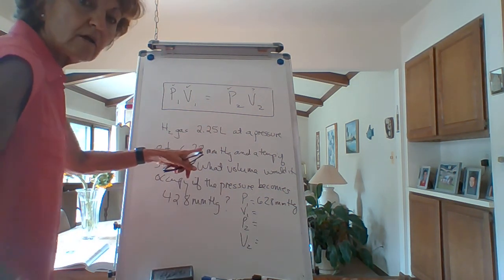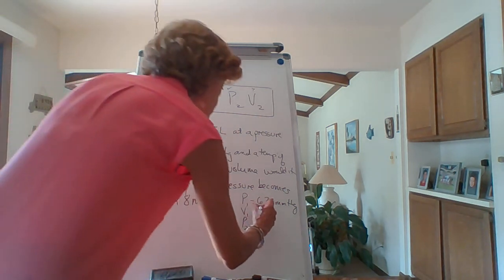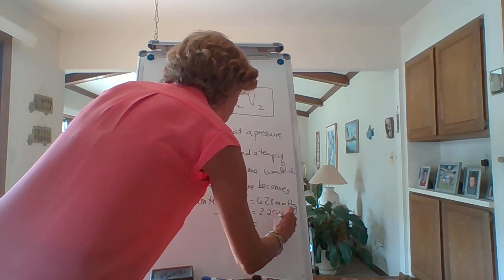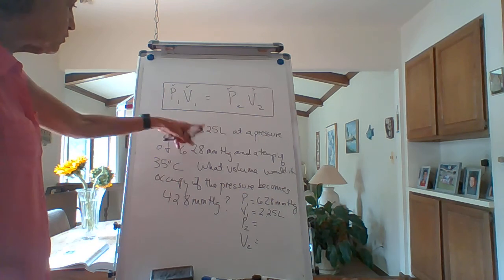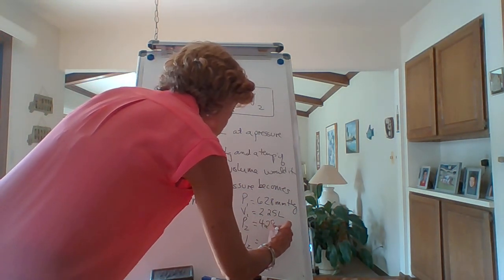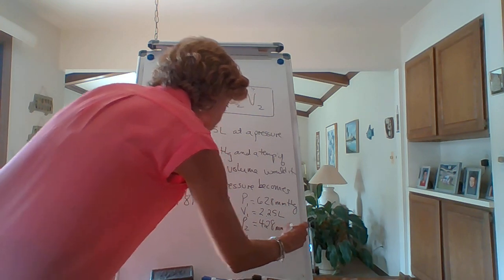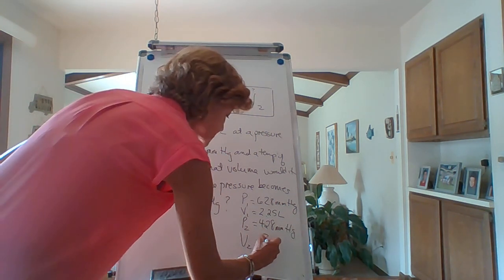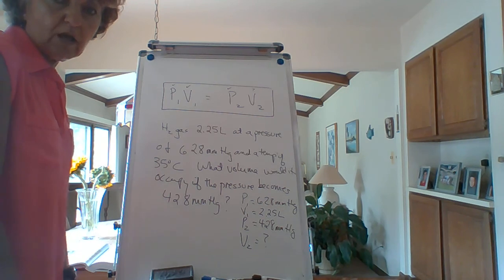What is V1? 2.25 liters. What is P2? 428 millimeters of mercury. And then what is V2? That is my unknown. That's what we're looking for.